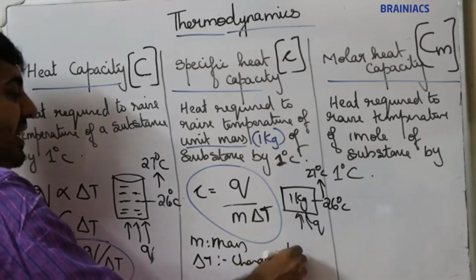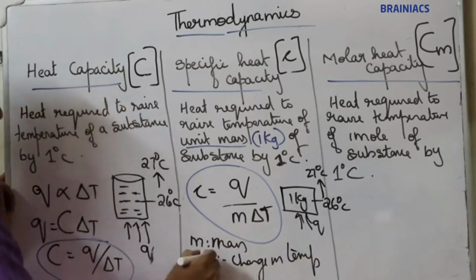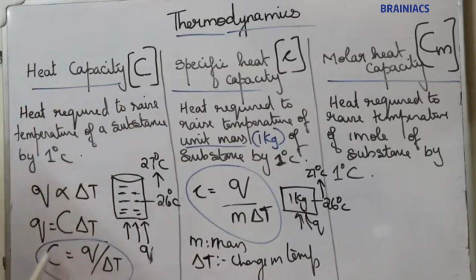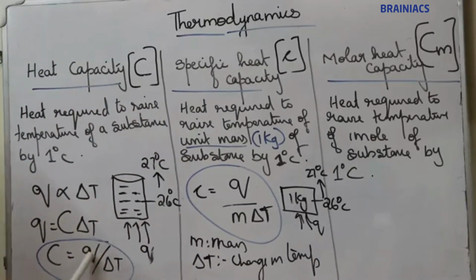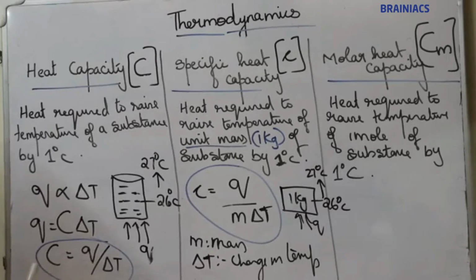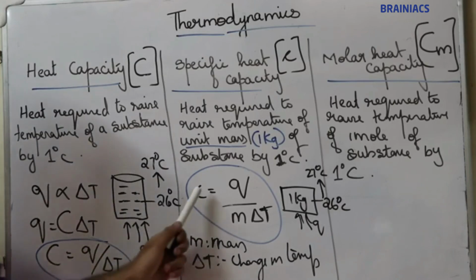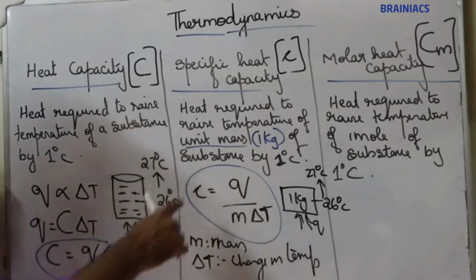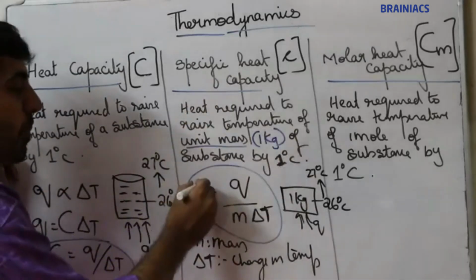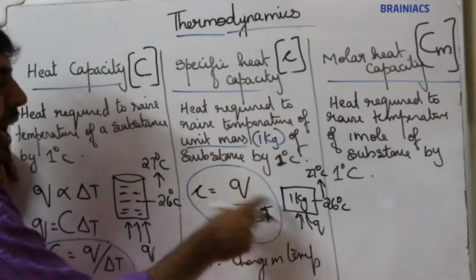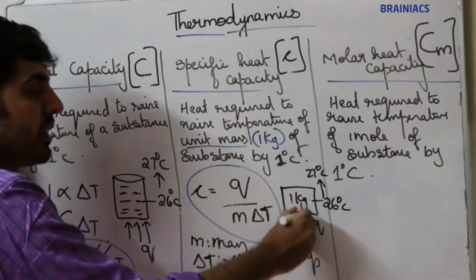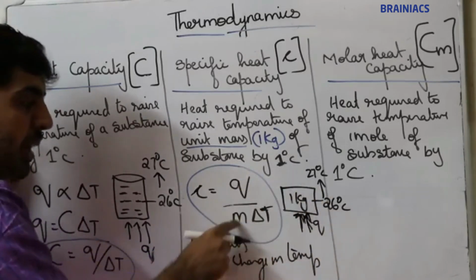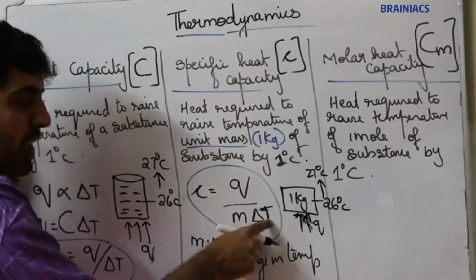Here c is specific heat capacity, Q is heat supplied or heat absorbed, M is mass and delta T is change in temperature. We have to divide with mass.